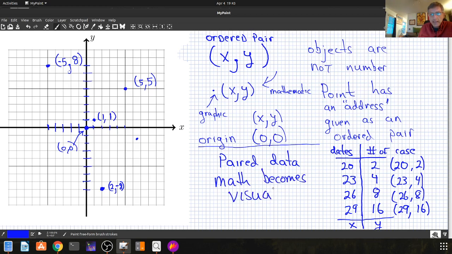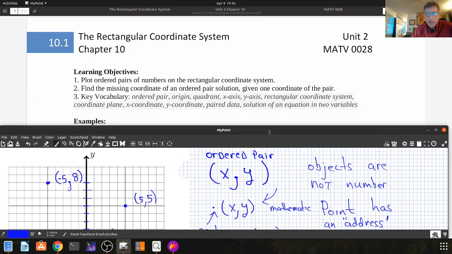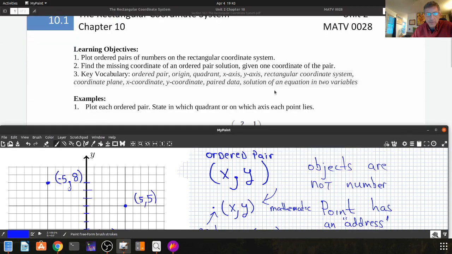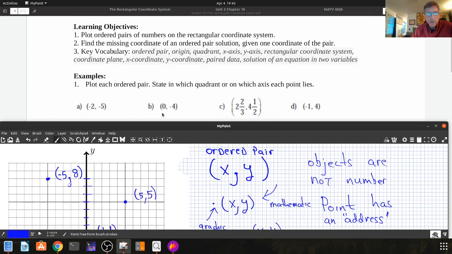And indeed it is one of the greatest advances in mathematics. And unfortunately I don't think René Descartes gets enough credit for it. He was both a philosopher and a mathematician, and sometimes I think they didn't like his philosophy, so they ignored his mathematics. So here's what we're going to do.